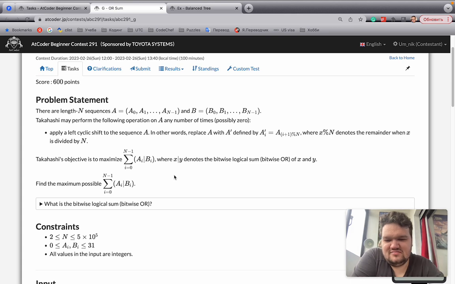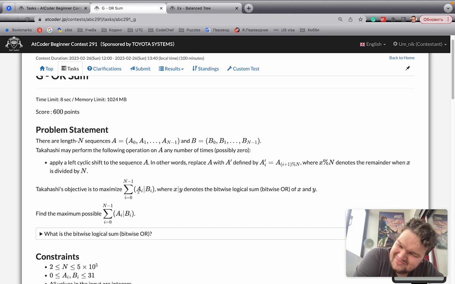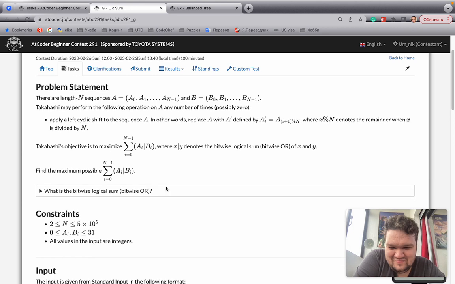Can't we just calculate it for all shifts? All bits are independent. So 5 times, I want to calculate the thing for arrays of zeros and ones, for each bit, for each cyclic shift.